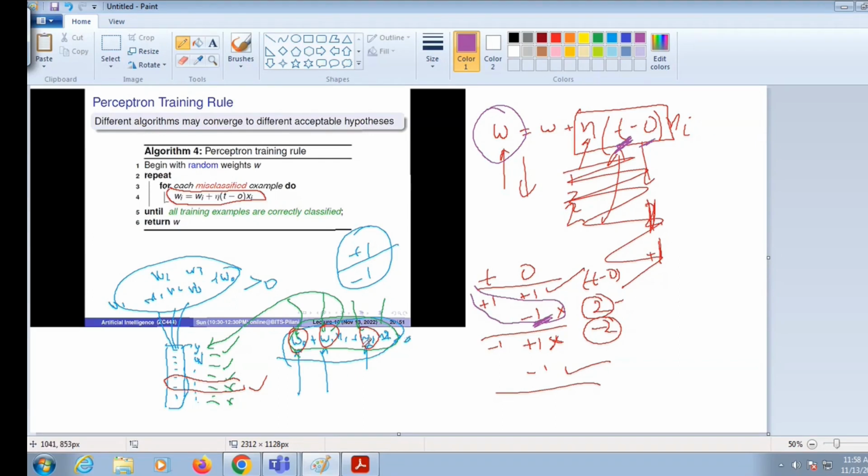Let's assume I have a formula and this output gives me minus 1, and all the x are positive. If I increase the value of w, then the negative is going to reduce, and after some time it can be positive also. So should I reduce the weight or increase the weight? Tell me.